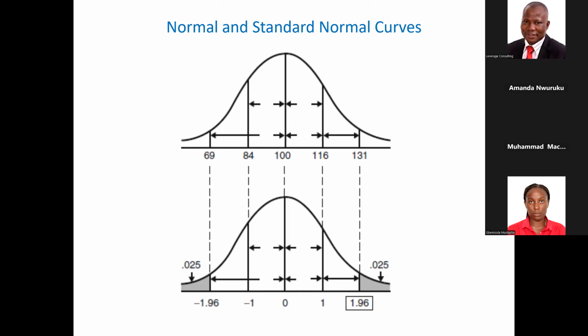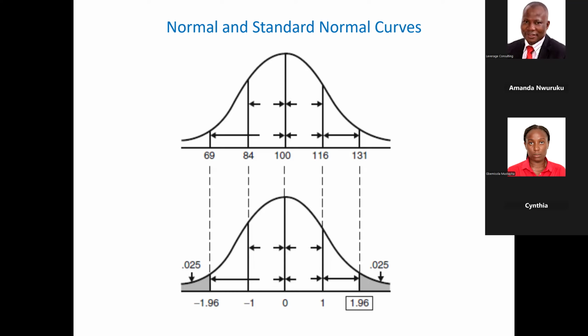What is the probability that somebody has blood pressure greater than 116? 16?